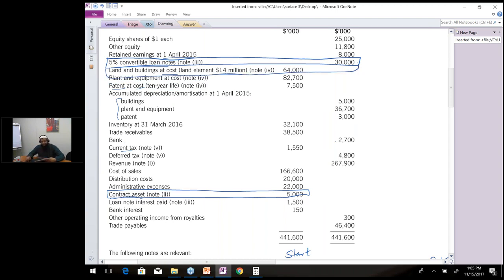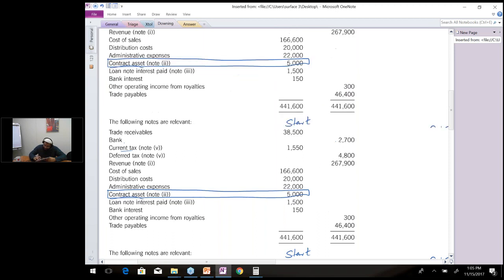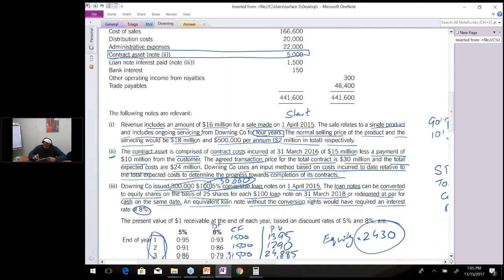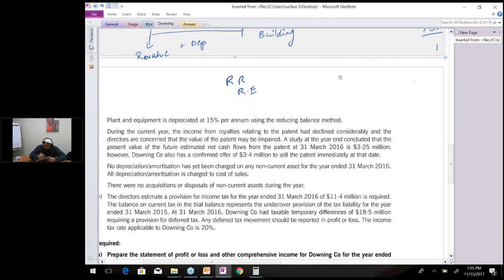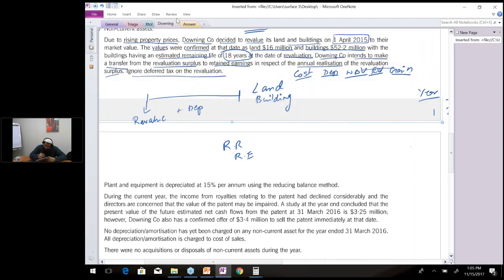So 14 for land, 50 for the building, and the depreciation for the building is 8,000. So the land has a cost of 14,000, the building has a cost of 50,000. So total is 64. The building has been depreciated by 8. So the net book value is 42.